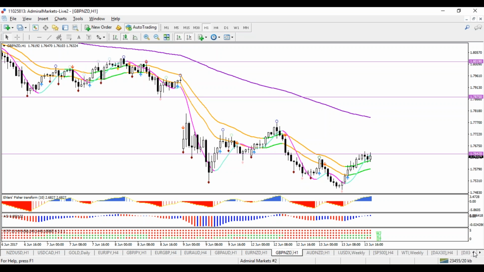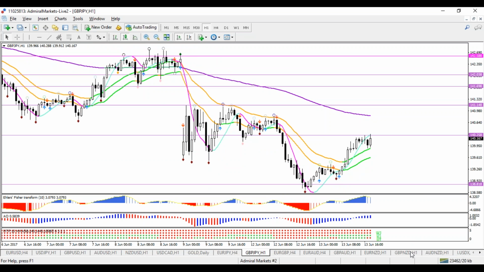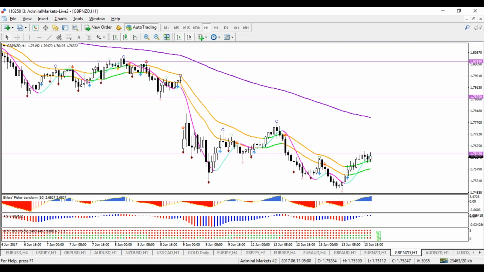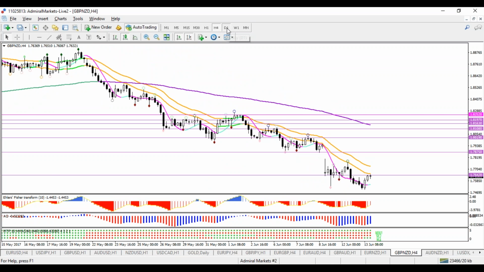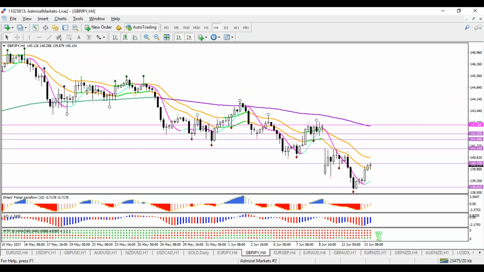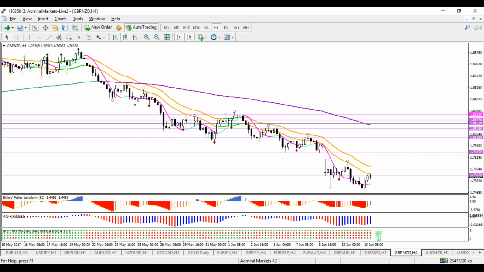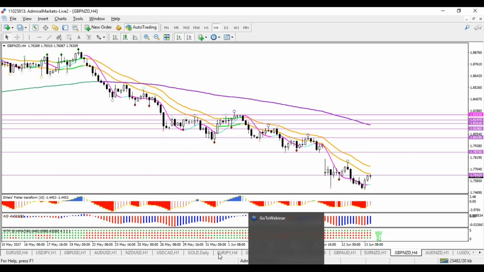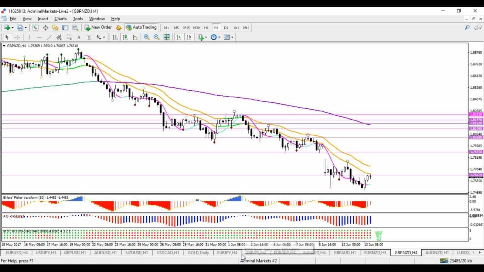So to summarize, pound New Zealand looks probably the most interesting at this moment from the pound pairs. Yep, I think so. Pound New Zealand definitely better than pound Aussie, probably better than the pound yen at this moment. Dollar CAD looks interesting indeed.